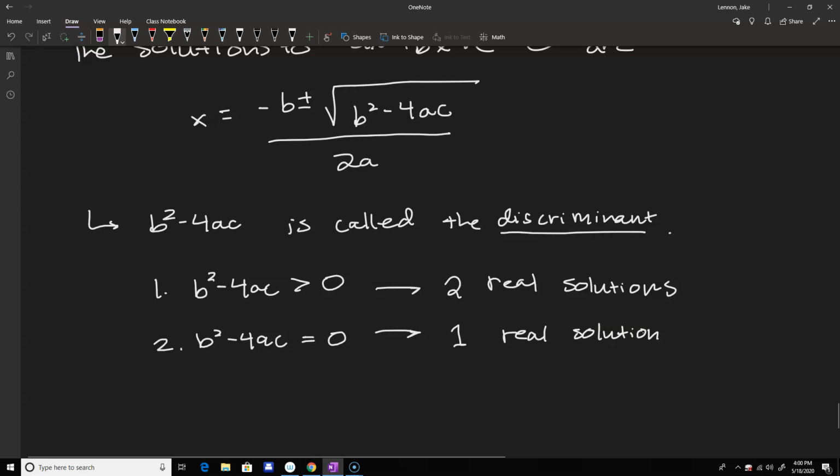I'll say 0 real solutions here, but if you are working with complex numbers, you'll have 2 complex numbers as solutions, meaning in this case their imaginary part is non-zero. So b² - 4ac less than 0, we have, I'm just going to say 0 real solutions here, but you could say 2 imaginary solutions as well.